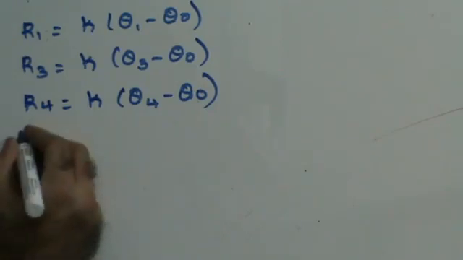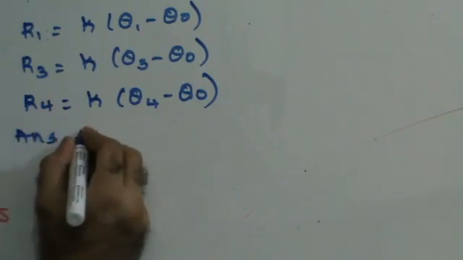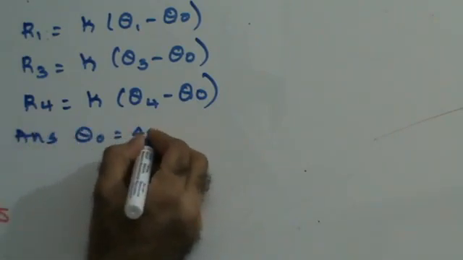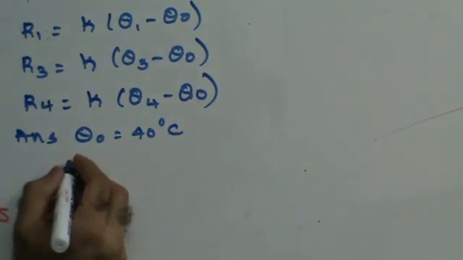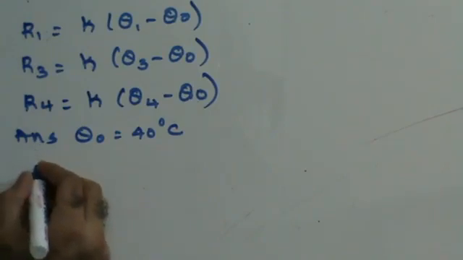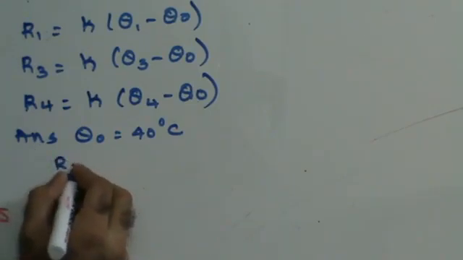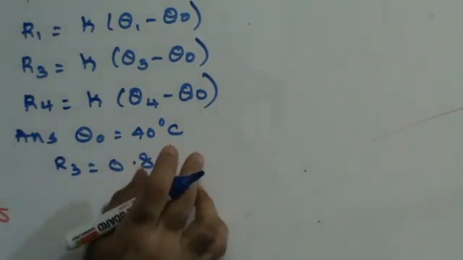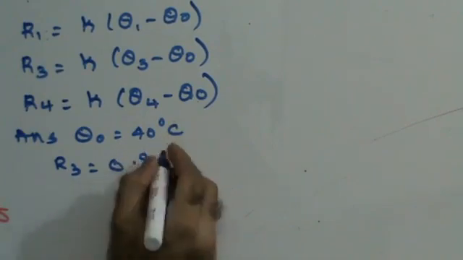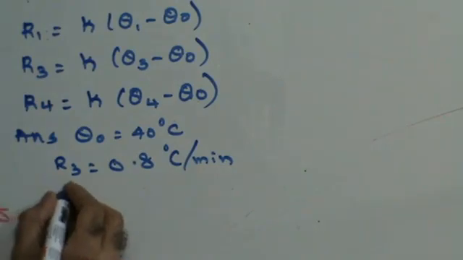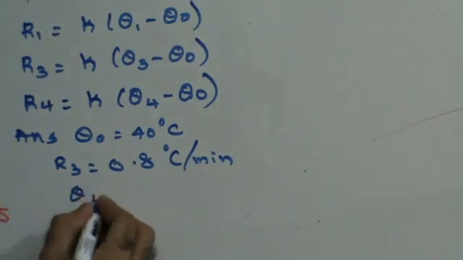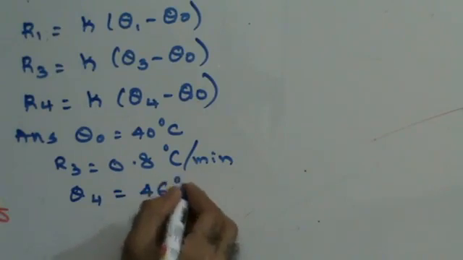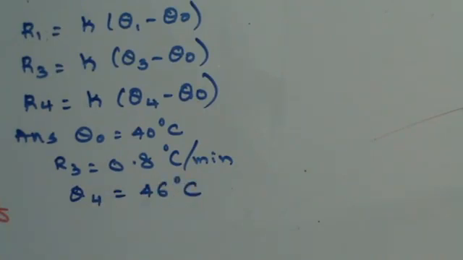Your answers for this sum should be theta 0 is 40 degrees Celsius, then you can find out R3 as 0.8 degrees Celsius per minute, and you can also find out theta 4, which is 46 degrees Celsius. Right? Take down next one, please.